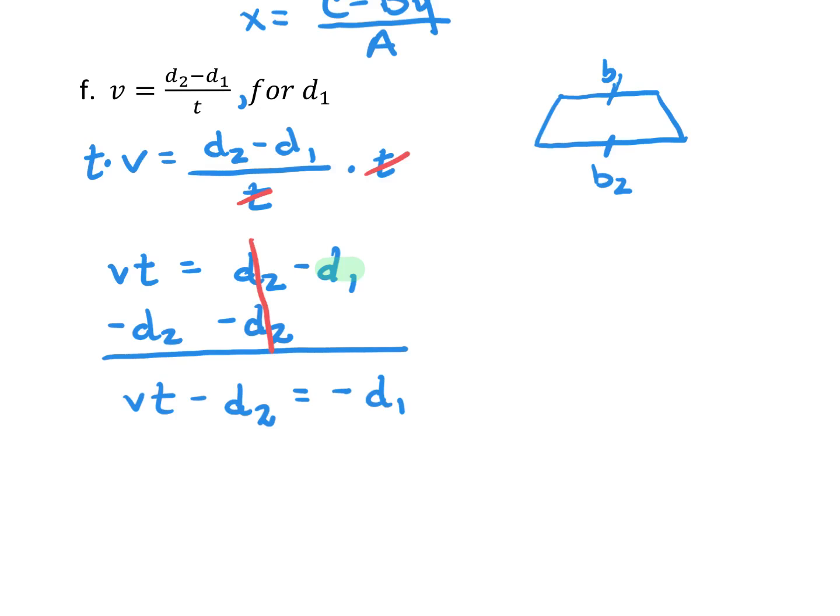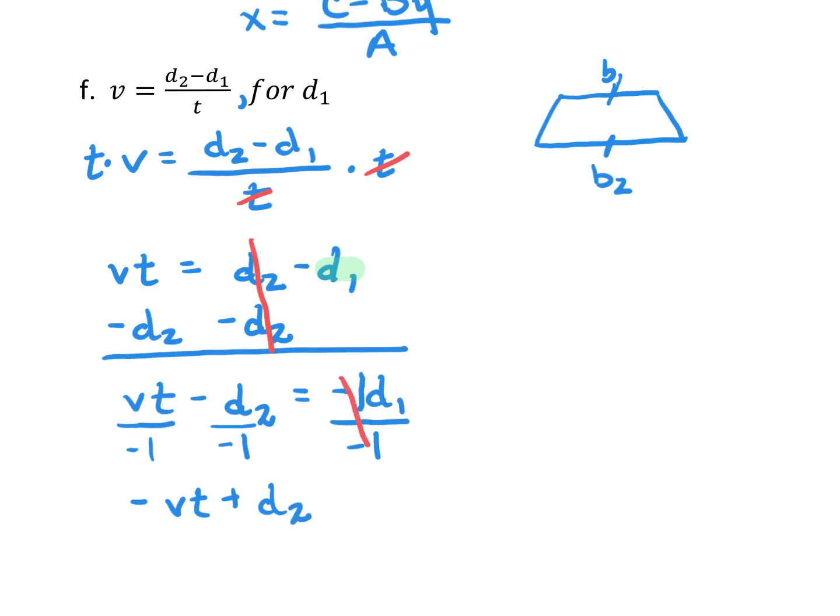Now, I don't want to know what negative d1 is, I want to know what d1 is. So in this case we want to divide both sides by negative 1. If you want, you can put the whole thing over negative 1, but I'm going to try to make this nicer looking. I'm going to divide each term by negative 1 and change the signs of each term. So this is going to be negative Vt, minus, and we have the negative on the bottom, so that cancels and becomes a plus.